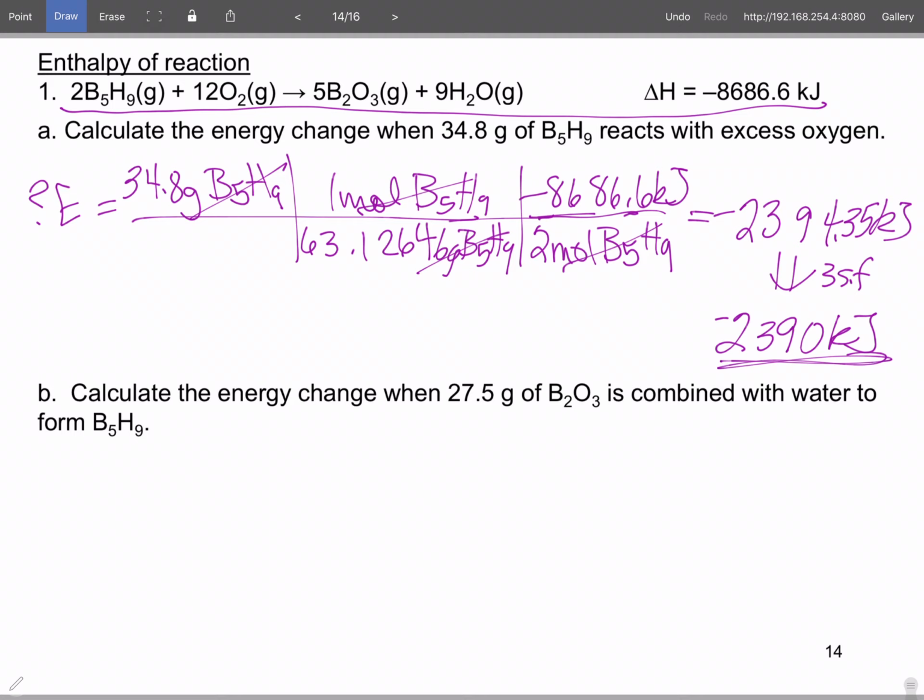So let's do it again, except this time we want the energy difference when B2O3 is combined with water to form. Wait a minute. So this was a product, so now this is going to become a reactant, which means the sign will flip. Okay?